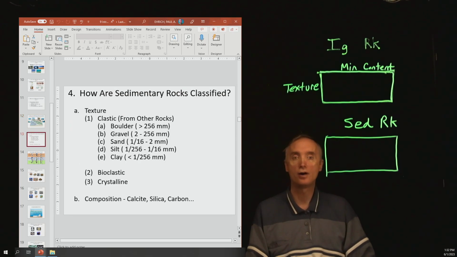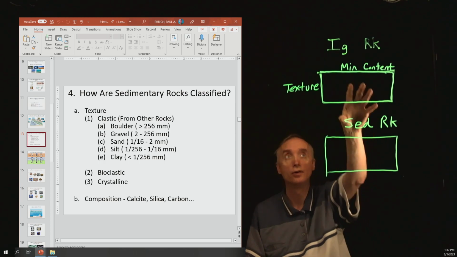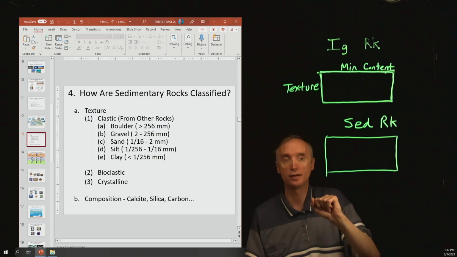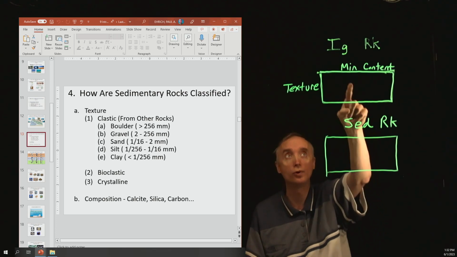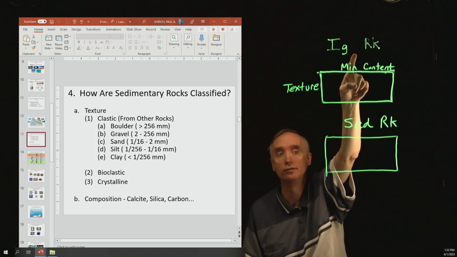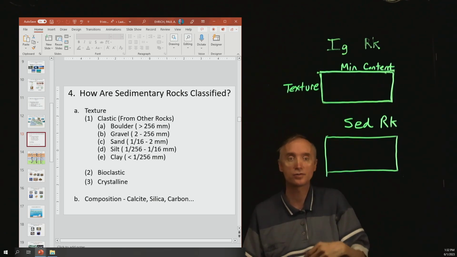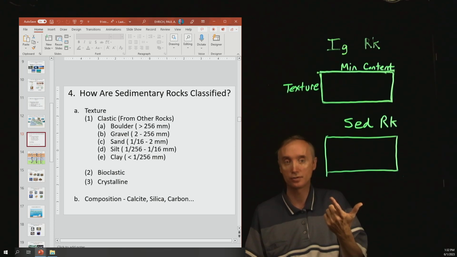So how are sedimentary rocks classified? So here we have how are igneous rocks classified, and we said that there were two criteria. What were the minerals that the igneous rock was composed of, and then what was the texture? And the texture was things like aphanitic texture, phaneritic texture, vesicular texture.